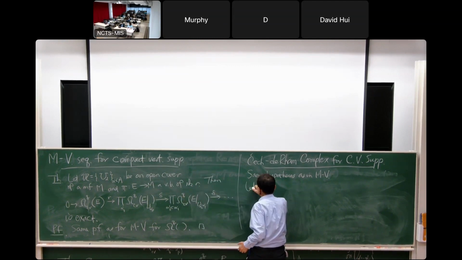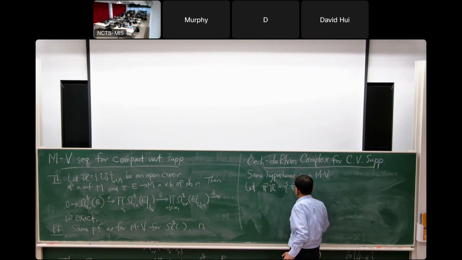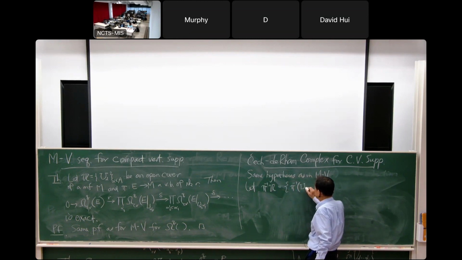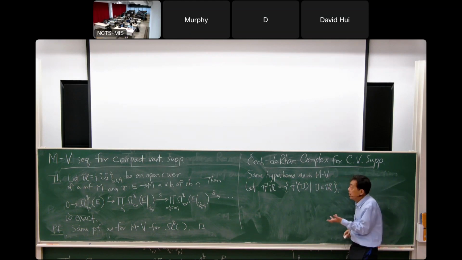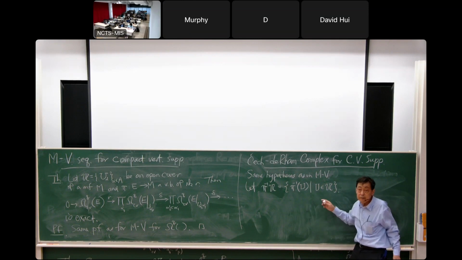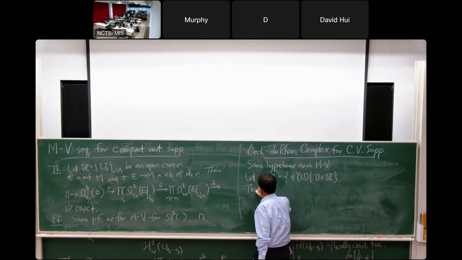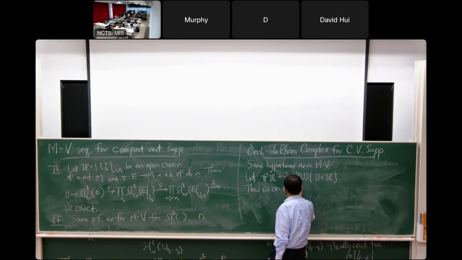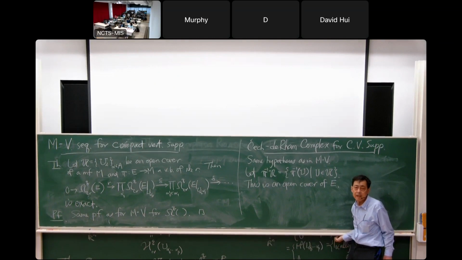So let pi inverse of U be the collection of all inverse images of open sets in U. And the inverse image of an open set is open, so this will be an open cover of E upstairs.